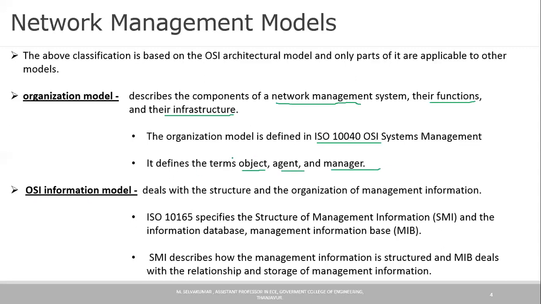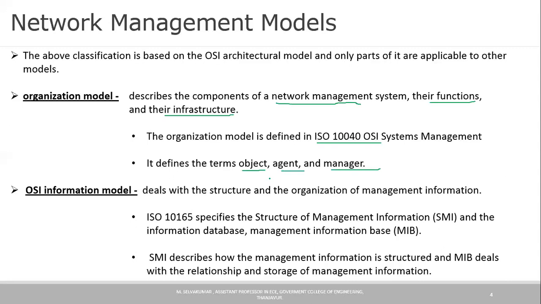In the object model, they use the unmanaged object and managed object, the agent process, the manager, and also the MDB. MDB means management database. These are all applicable in the organization model.